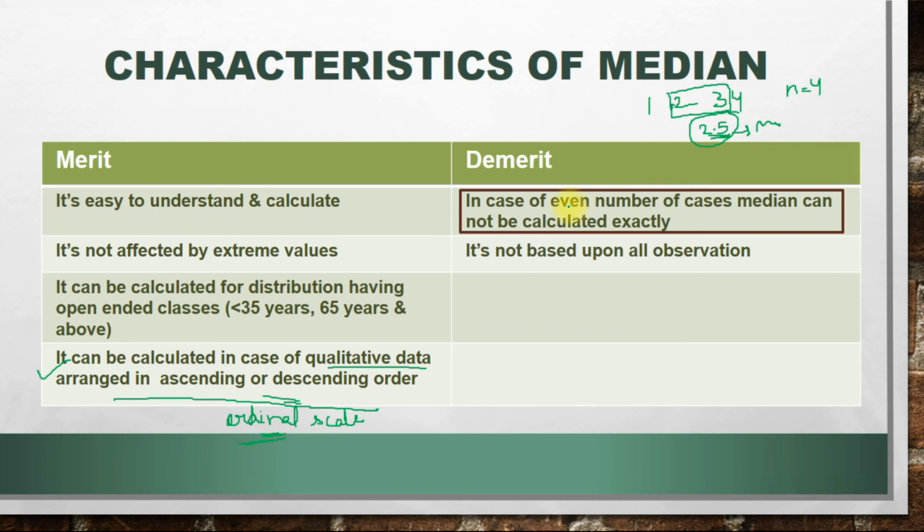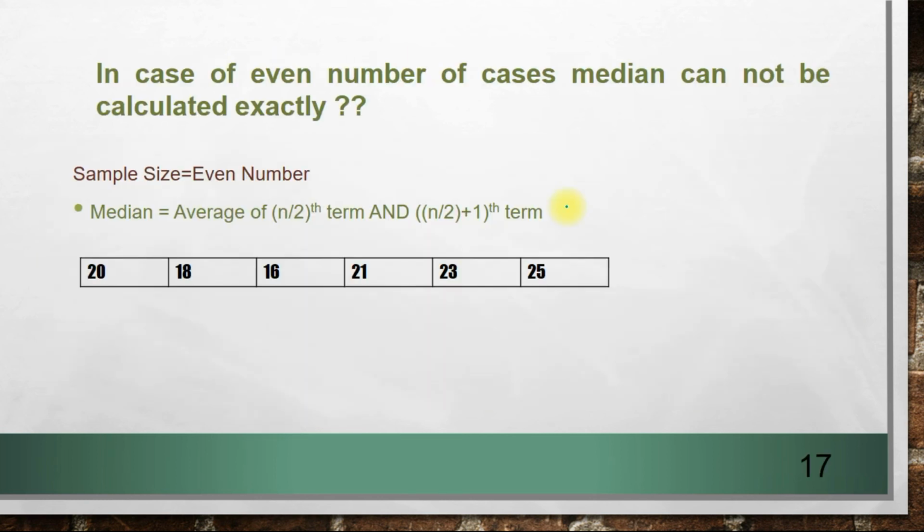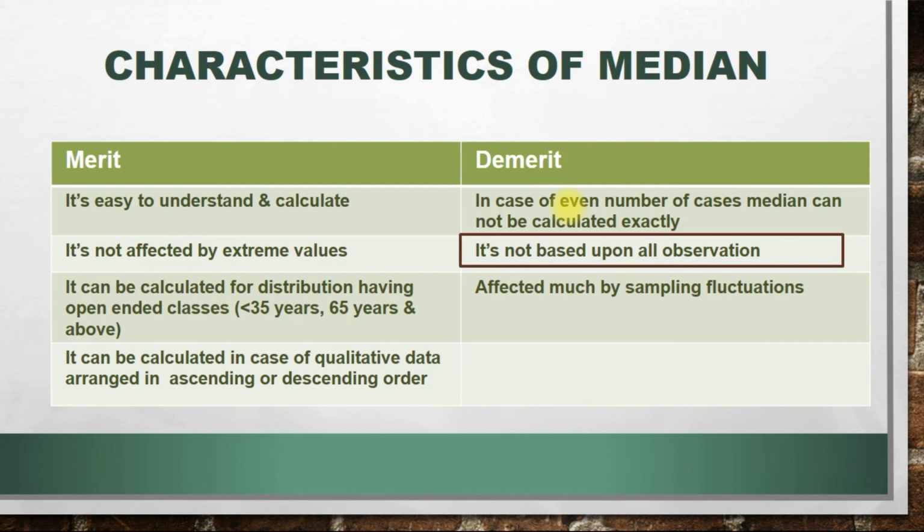The next demerit is that it is not based upon all observations. Yes, we already discussed this point. Median is not based upon all observations.